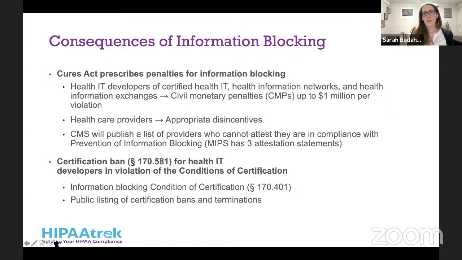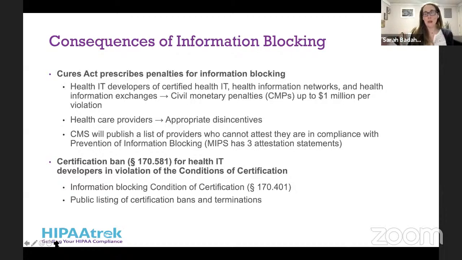But we also know that CMS has included 3 attestation statements in their MIPS. So if you are a MIPS attesting organization, then you will have to attest to these 3 statements on whether or not you are in compliance with prevention of information blocking. If you are not able to attest that you are in compliance, then CMS is going to publish a list of providers who cannot attest.